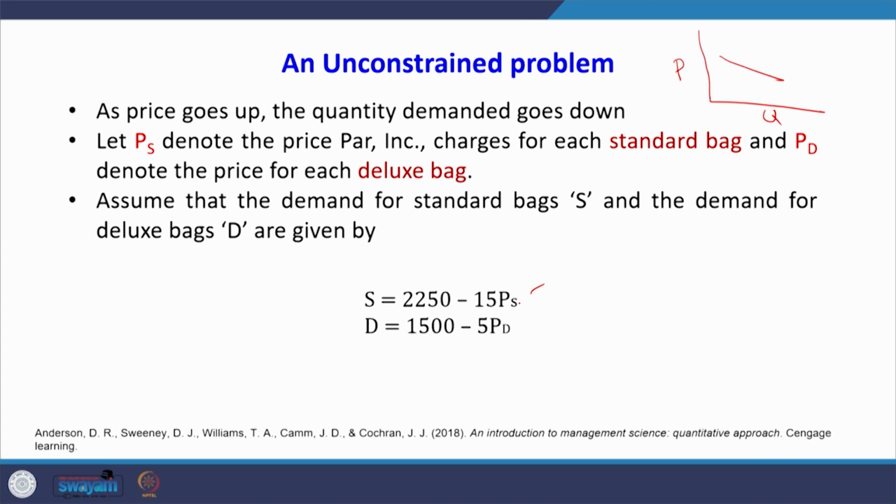This is called your demand function, which connects your quantity and the price. So S equal to 2250 minus 15 PS is the demand function for the standard bag. D equal to 1500 minus 5 PD is the demand function for the deluxe bag.